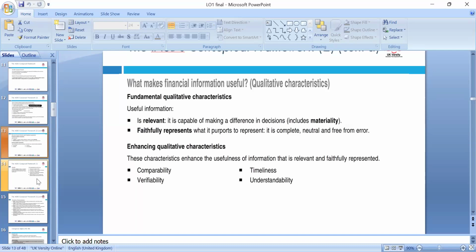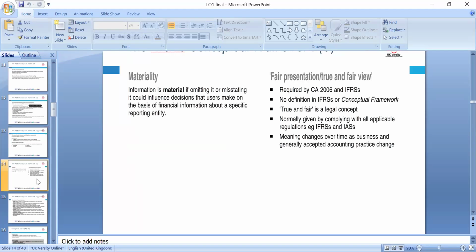That's why IFRS 16, which is about leases and lease agreements, needs to be shown in the financial statements. Understandability: people with a basic understanding of accounting and finance should be able to understand the figures.